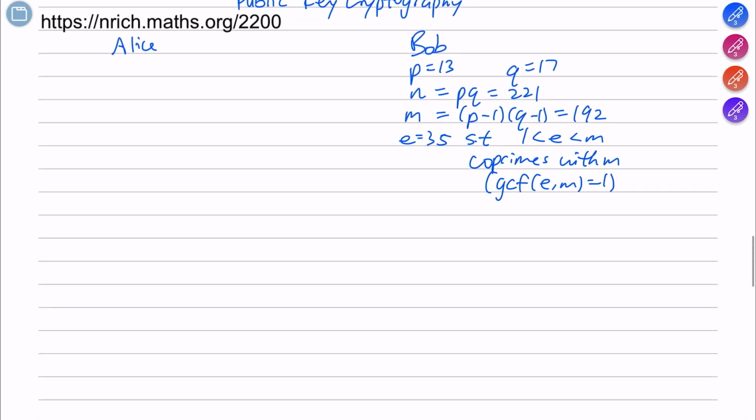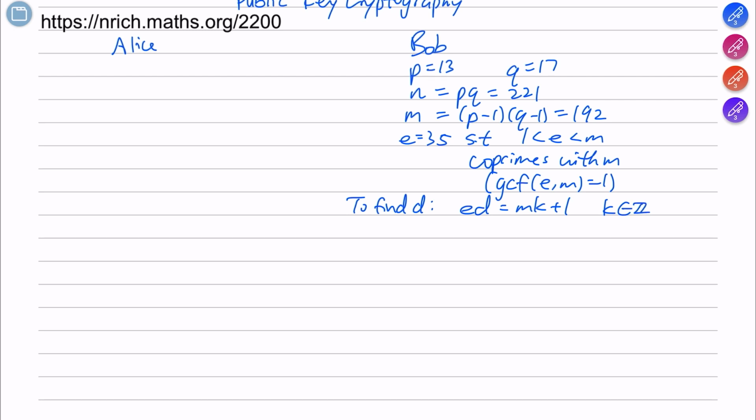And now, Bob is going to do something interesting. He wants to find a D. So to find D, we want D to be a number such that ED is equal to MK plus 1. And K can be any integer.